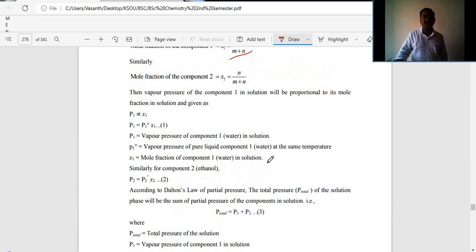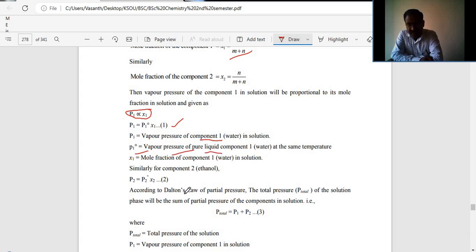According to Raoult's law, the vapor pressure is directly proportional to the mole fraction X1. Here P1 is equal to P1 naught into X1. P1 means the vapor pressure of component 1 in solution. P1 naught means the vapor pressure of pure liquid component 1 at the same temperature.